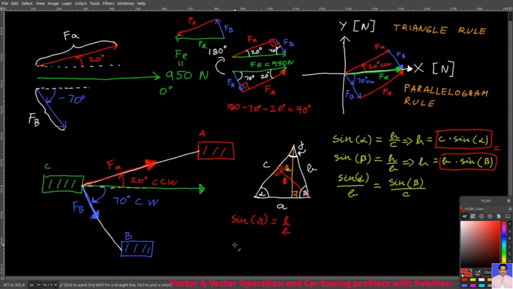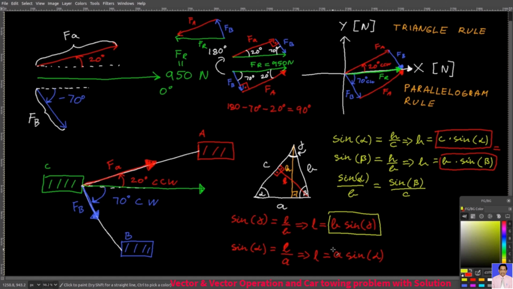And you can also say that sine alpha, well, that's L over A, because again, you have a right triangle here. And so that means that L equals B times sine gamma, and L equals A times sine alpha, which means that this one and this one, they are equal.